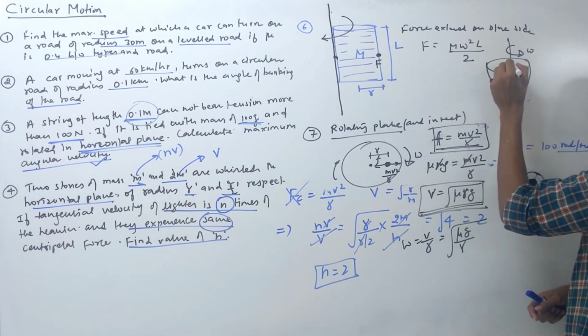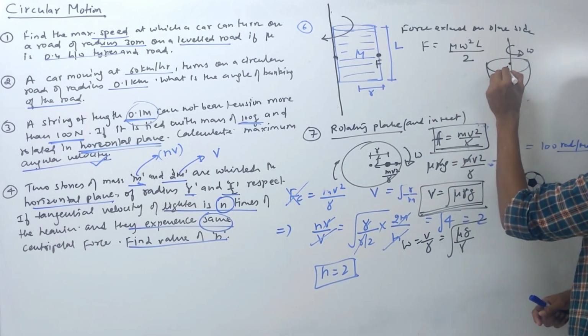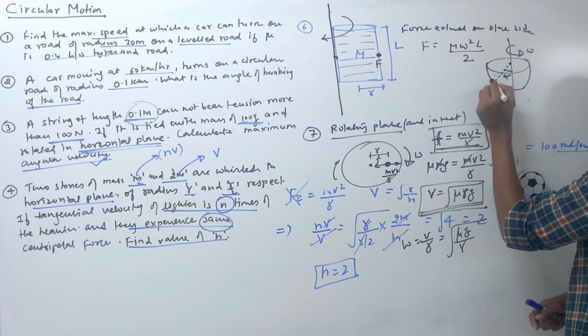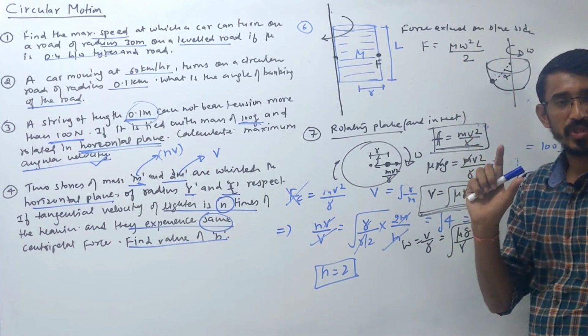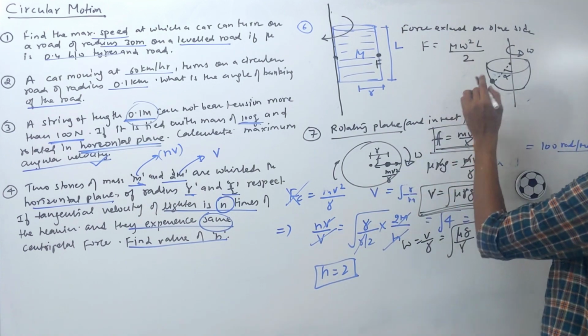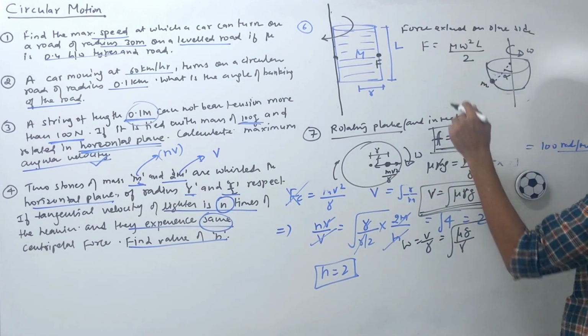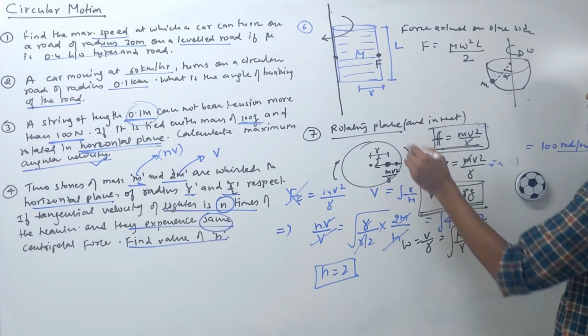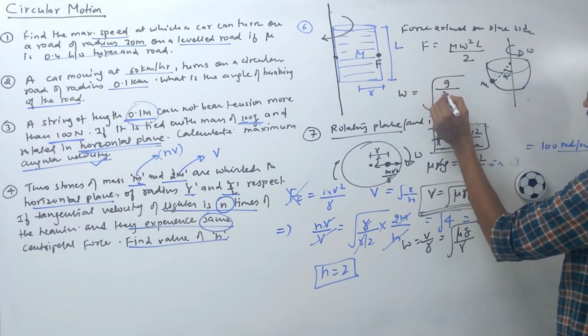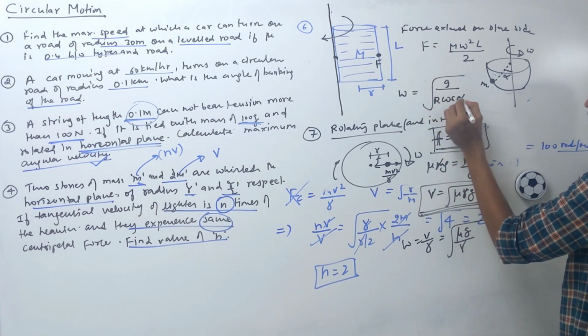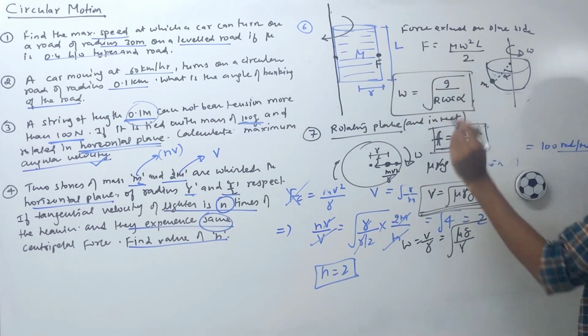So let's say from the center, that angle is alpha. Then they ask at what angular velocity this bowl should rotate so that some object of mass m placed at this point does not fall down, does not slide. In that case, when we solve this, the answer comes like this way, g by r cos alpha, that's the answer simply, if you want to remember.